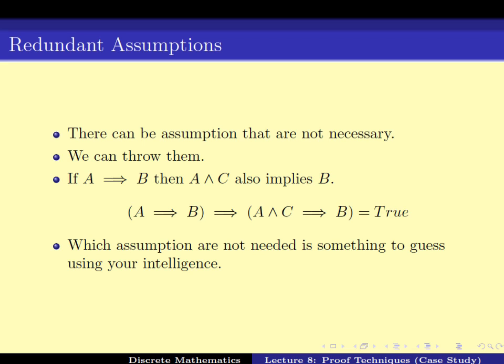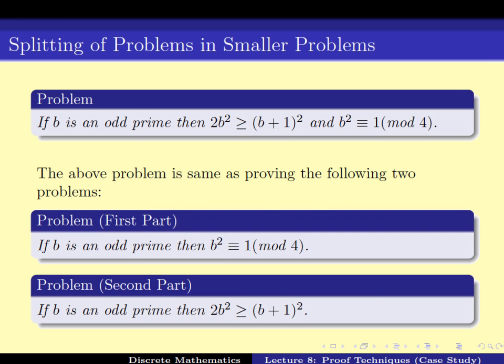So we saw the application of this particular thing in our problems. Namely, we had these two problems, part A and part B, and we applied this particular removing of redundancies in assumption to both of them.